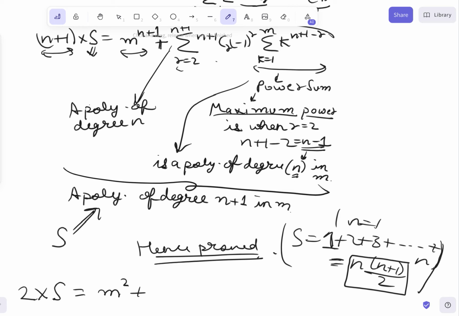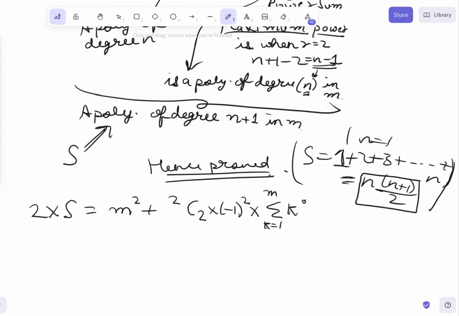So let's write that term: 2C2 into minus 1 square into summation k goes from 1 to m of k power n plus 1 minus 2. So n is 1, so 1 plus 1 is 2, 2 minus 2 is 0, k power 0. So this is what it looks like.